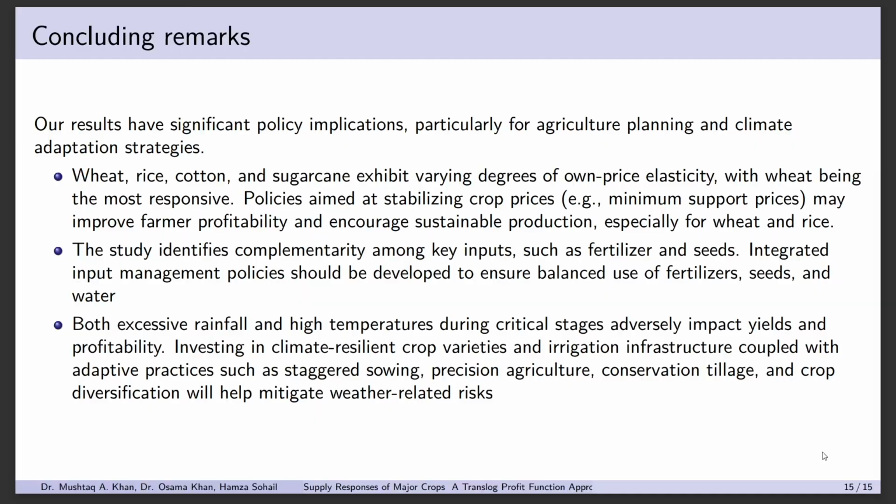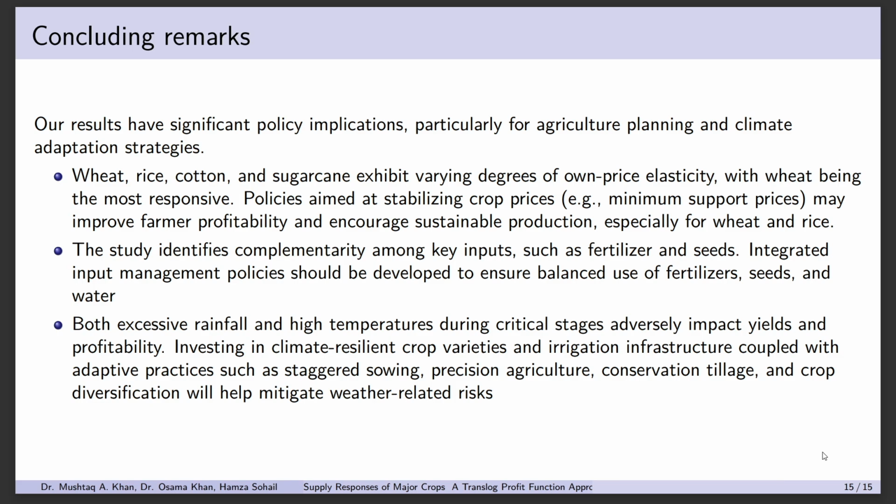The complementarity relationship between key inputs points towards using integrated input management policies that allow for a balanced use of all the inputs that a farmer uses. And the weather effect variables point us towards investing in R&D firstly, so that we use climate resilient varieties of seeds for different crops.